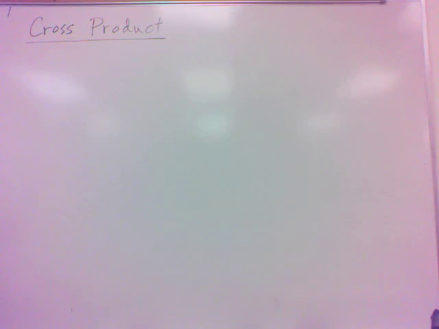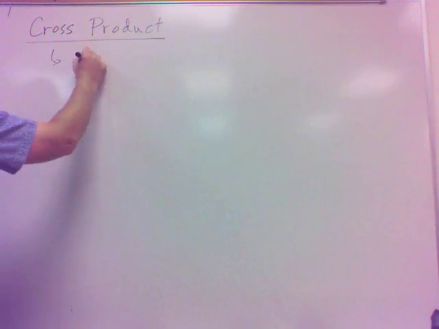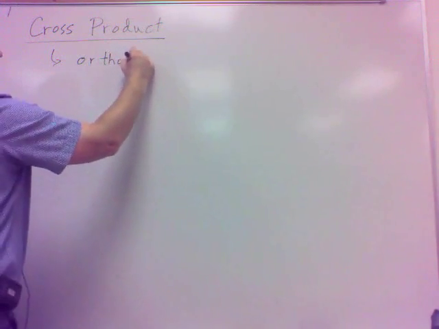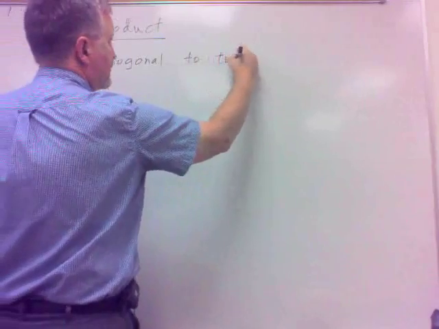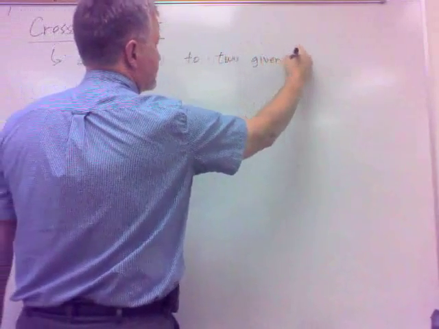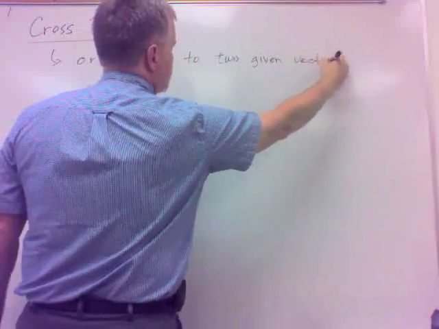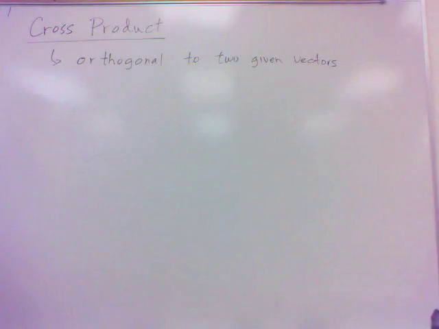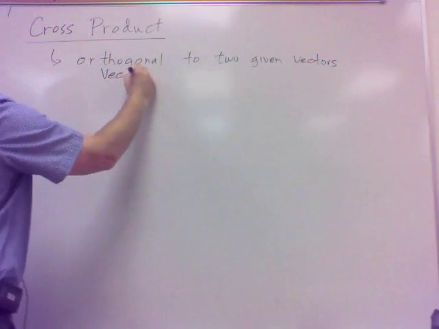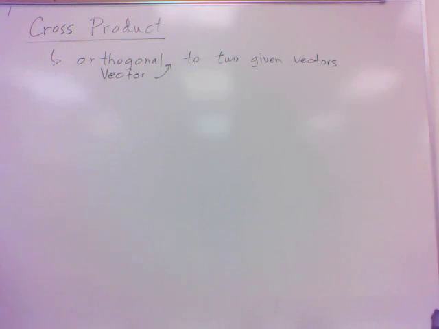And that's what the cross product is. It's an orthogonal vector to two given vectors.